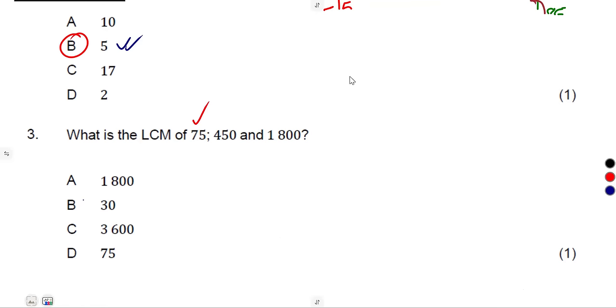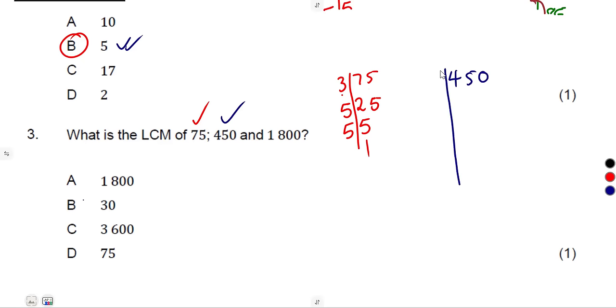We write our numbers as a product of their prime factors, just like the previous case that we had here. The smallest prime there is going to be 3. 75 divided by 3 is 25. Guys, we saw the 25 before. That was 5 into 5, then 5, which is 1 here. We move on to 450 and do the same thing.